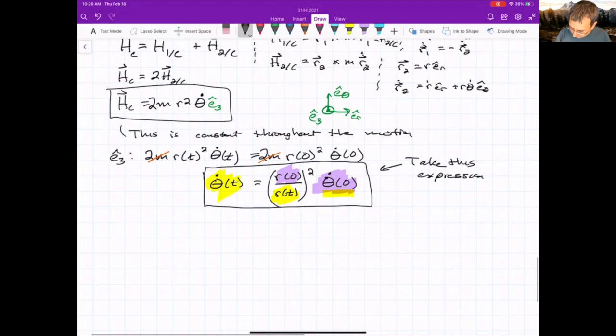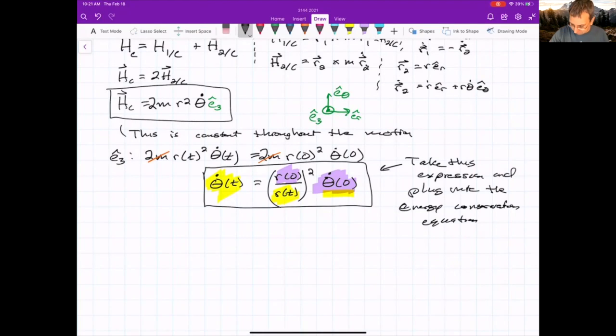You can take this expression and plug into the energy conservation equation. May as well, right? And then what did we have? We had m r dot at any time squared plus, and now I've got to plug in. So this is r at any time squared.